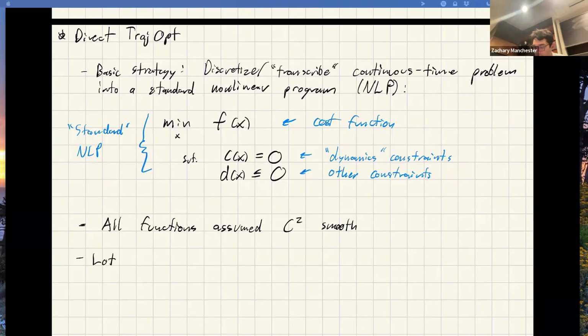And like I said, there's lots of off-the-shelf solvers for large scale NLP problems. The most popular one, I would say, is probably IPOpt, because it's open source, it's free.